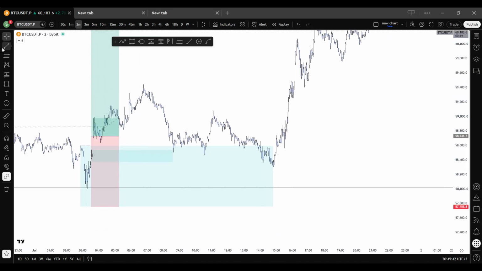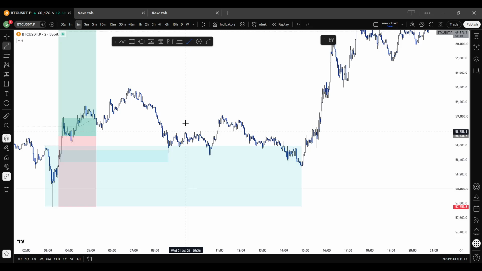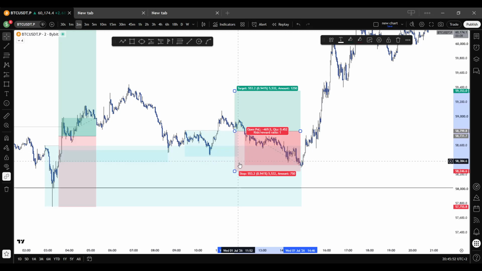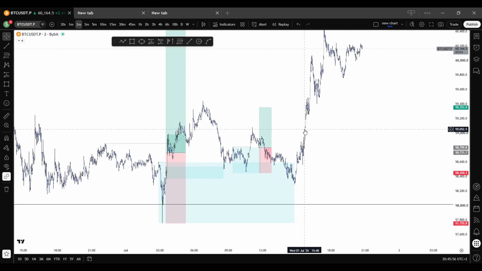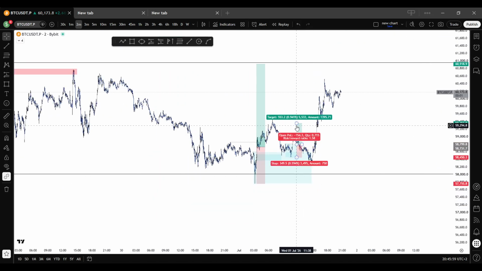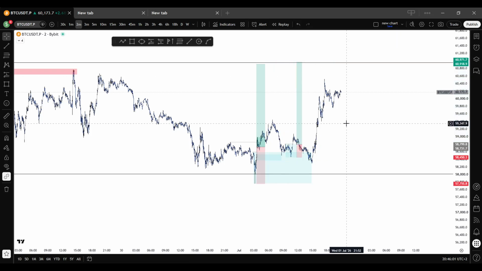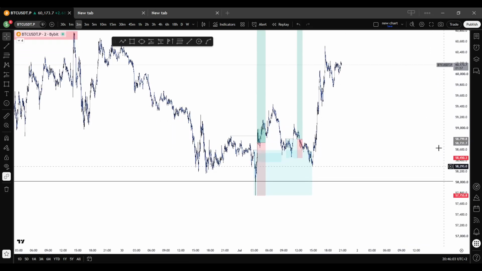So the first trade that I took was basically the structure break, and I ended up getting stopped out. My long trade was around here, my stop loss was around this low, and I went long after the structure break, but price of course ended up going lower, but that's fine.